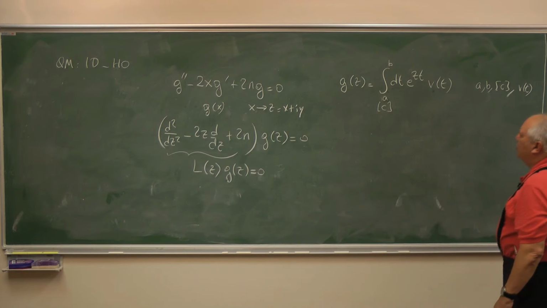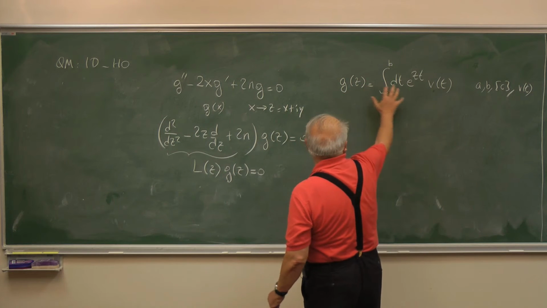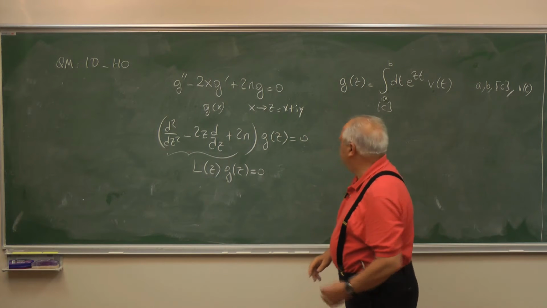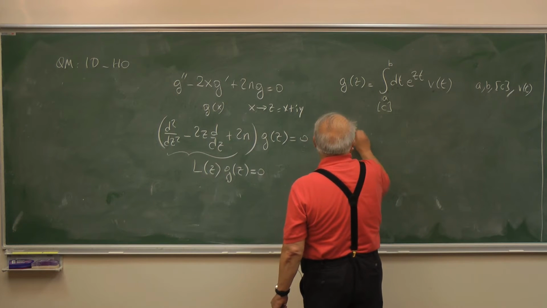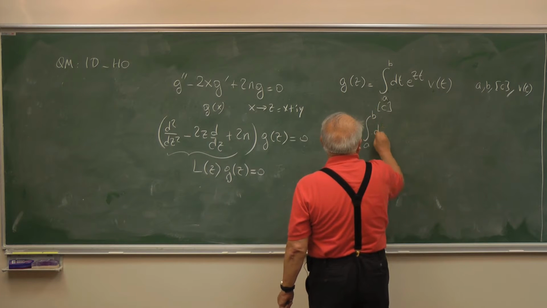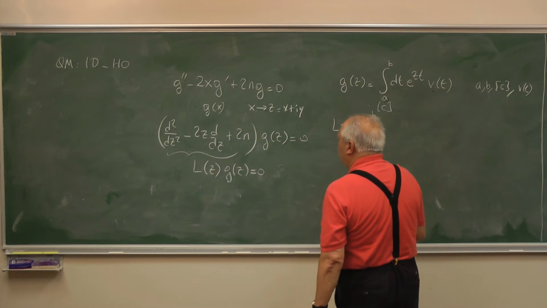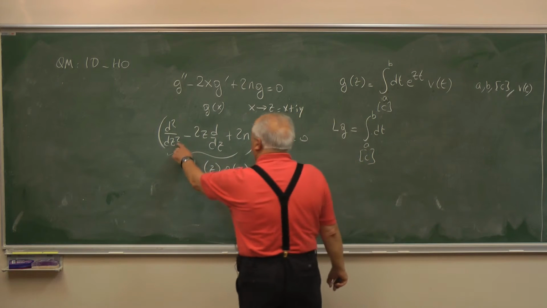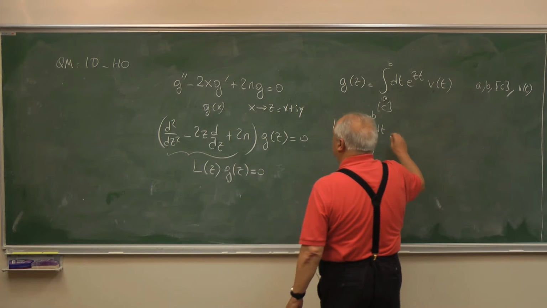Okay, so let us apply this operator on this form. So L g equals the integral from A to B dt along C. These are derivatives with respect to z, so it's only working on this function.